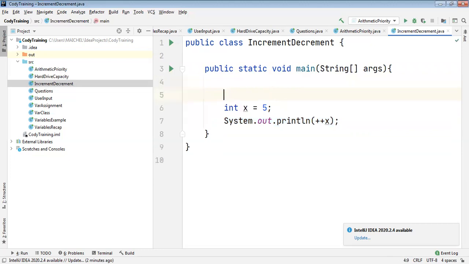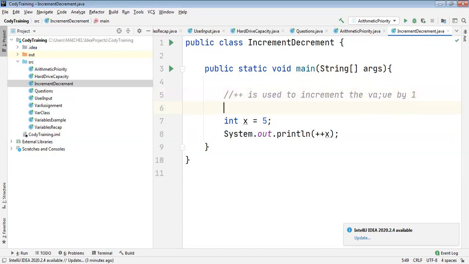As we already know, plus plus is used to increment the value by 1, and minus minus is used to decrement the value by 1.